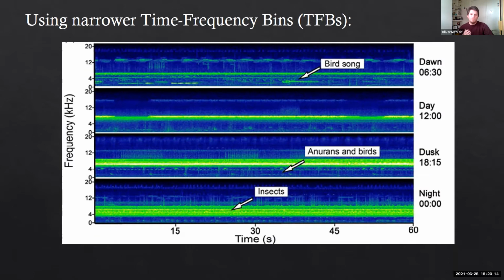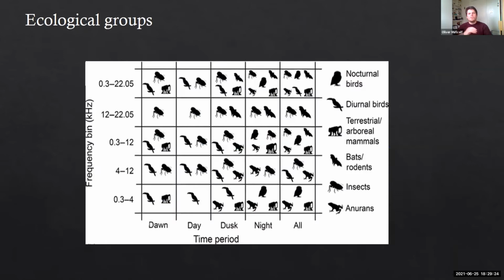So for example, at dawn, between 0 and 6 kilohertz, you primarily got birds. At night, between 4 and 8 kilohertz, you primarily got insect noise. So I came up with this rough schematic of what groups were calling roughly at what times.